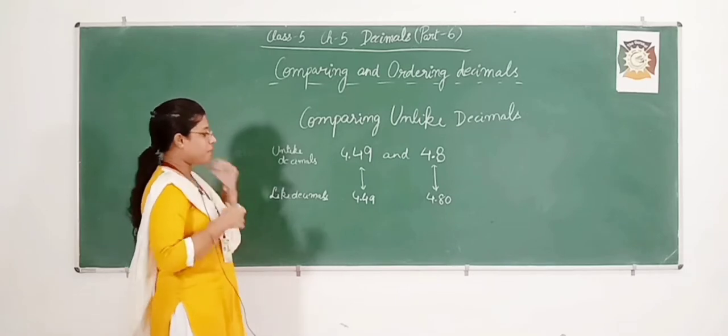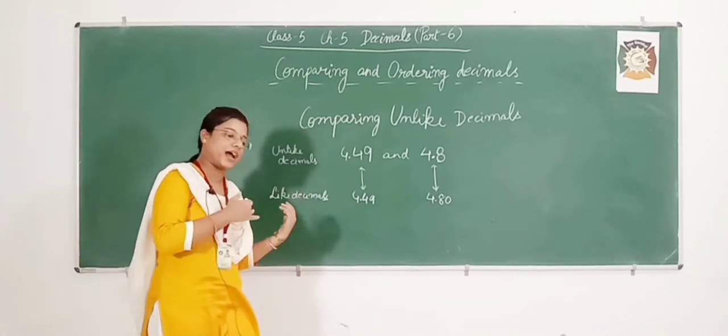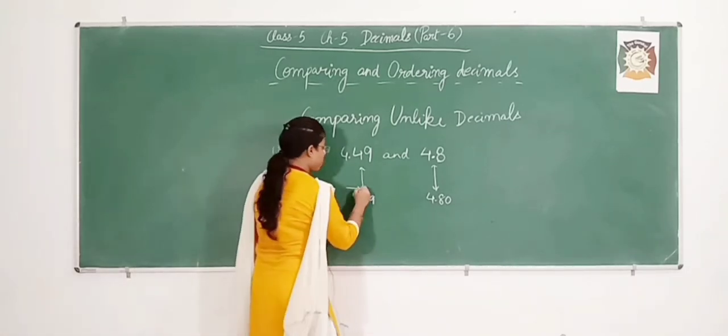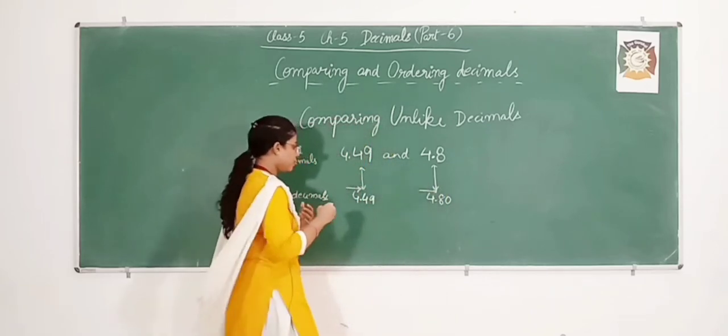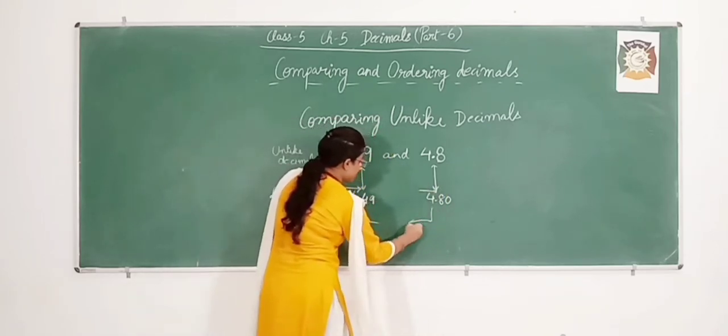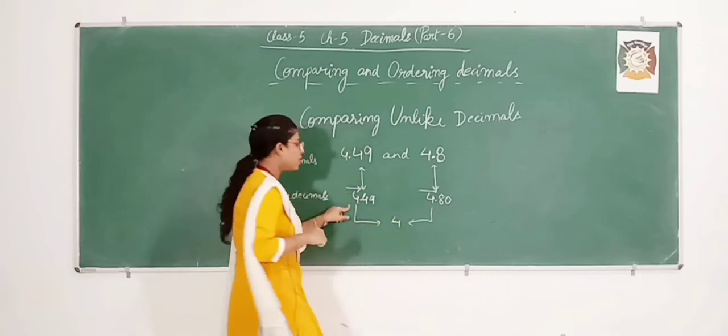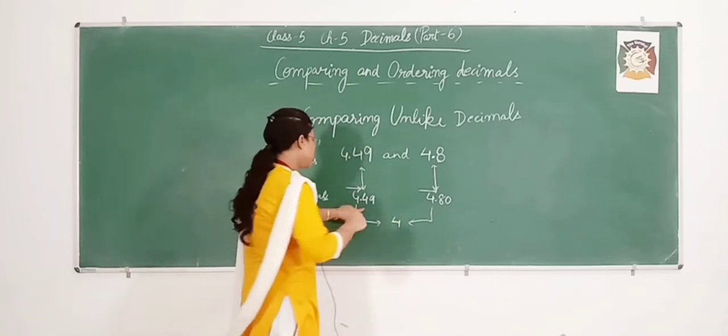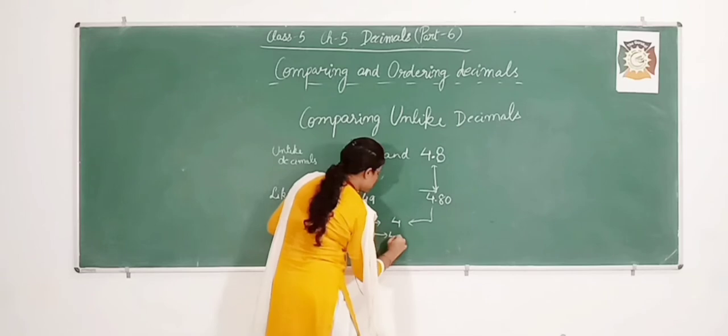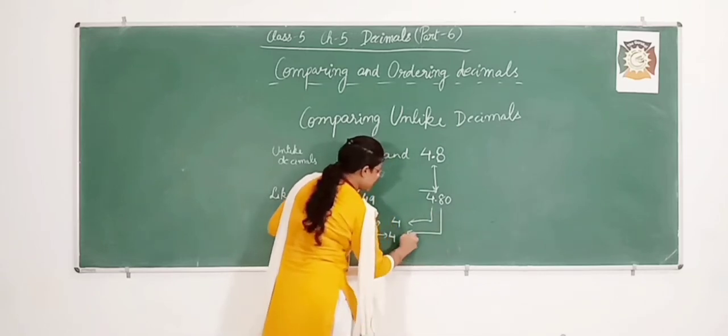Now you will start comparing the digits from the left hand side. The digit at ones place in both the numbers is 4. Then comes the decimal point. Then comes the 10th place with digit 4 in this number and digit 8 in this number.